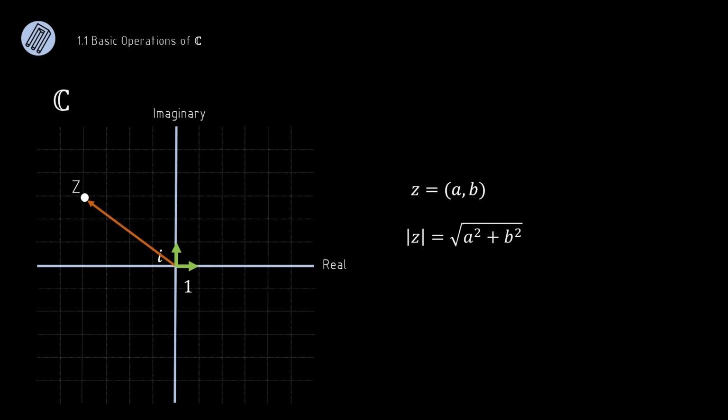Hopefully you can see that this idea of magnitude is exactly the same as the idea of magnitude of a vector in R2. The magnitude, geometrically, is the total distance the complex number is from the origin. So, although we cannot compare complex numbers directly, we can compare their magnitudes, or lengths.